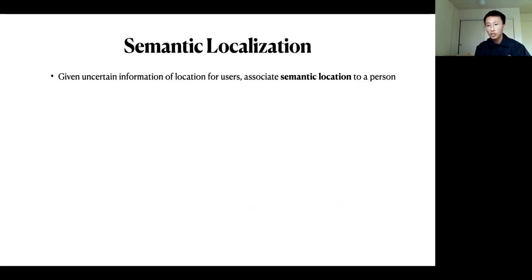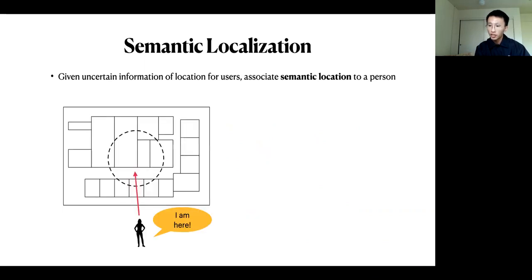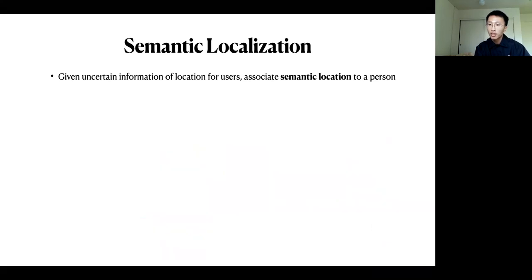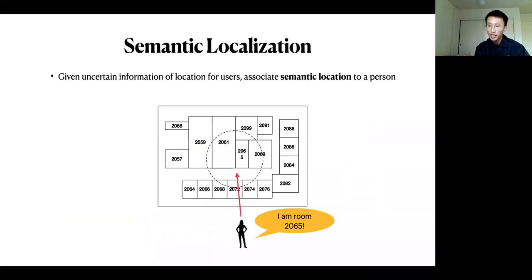So first, what is semantic localization? Given the uncertain information of locations of users and the floor map or space layout, semantic localization associates a semantic location tag to this user. For instance, you are in room 2065.